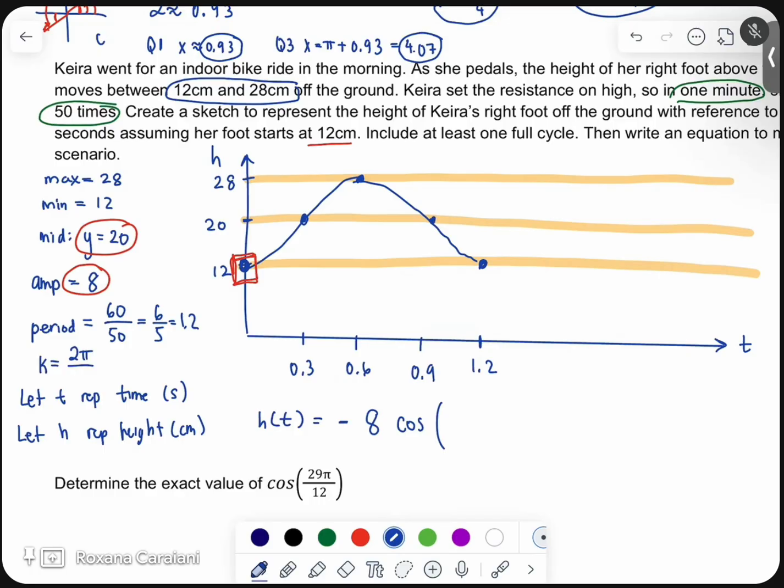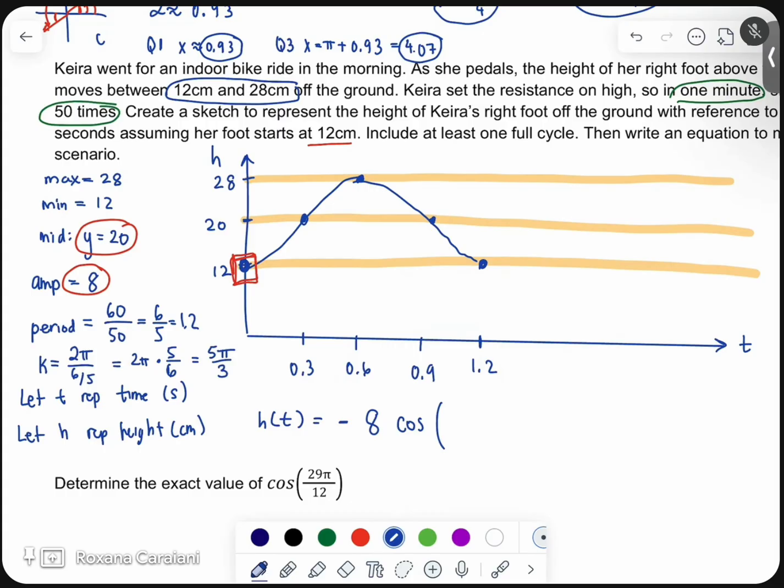Now I don't want to have a fraction and a decimal, so I'm going to do 2 pi divided by 6 over 5. And remember, when we're dividing by a fraction, we're actually multiplying by its reciprocal. So I'm actually doing 2 pi times 5 over 6, which would be 10 pi over 6, which reduces to 5 pi over 3. So that's my k value, okay?